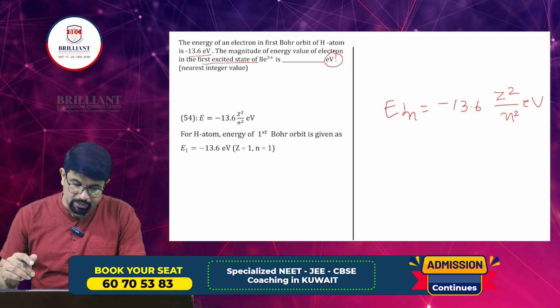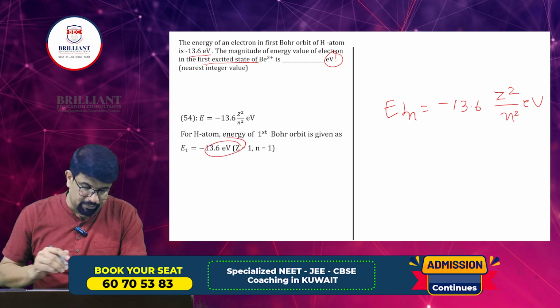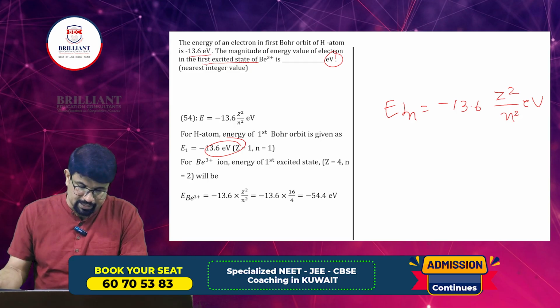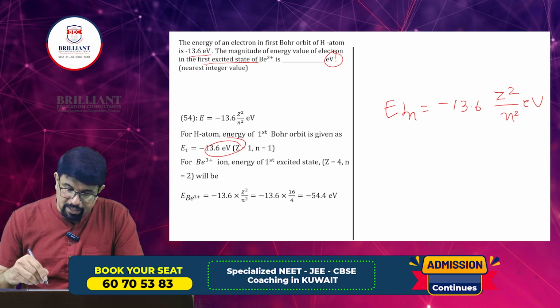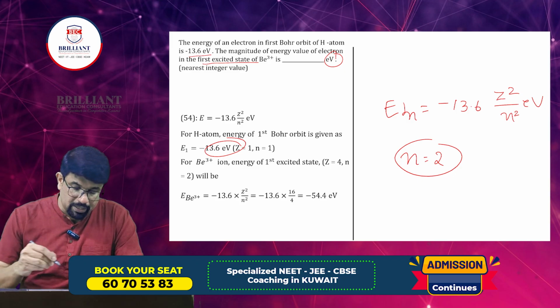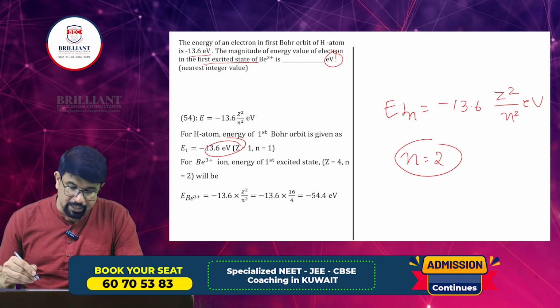That is 13.6, already given, right? Minus 13.6. Then the magnitude of the energy value of the electron in the first excited state. The first excited state means n is equal to 2. We already discussed one question, and this is beryllium, right? Be3+, that's why the atomic number is equal to 4.